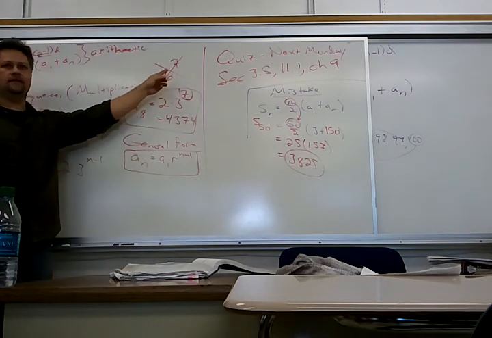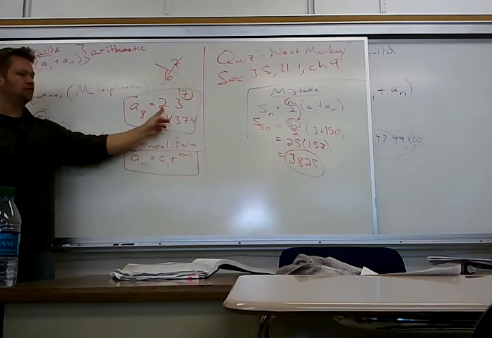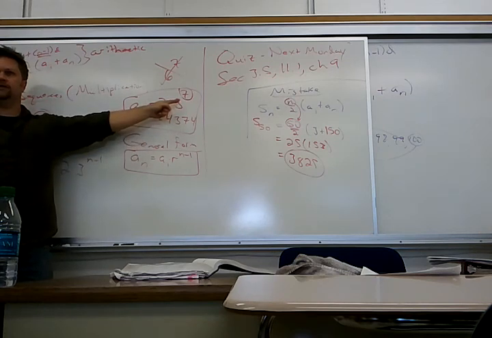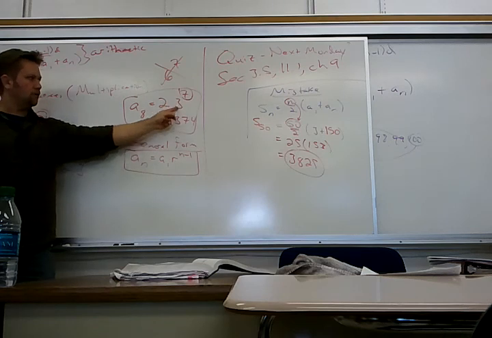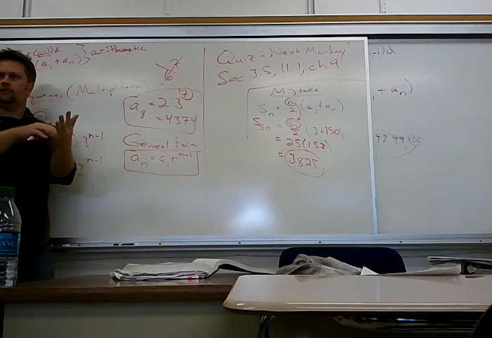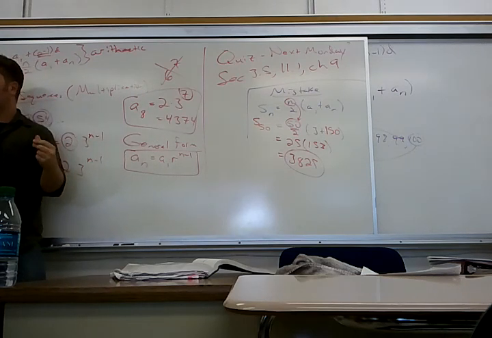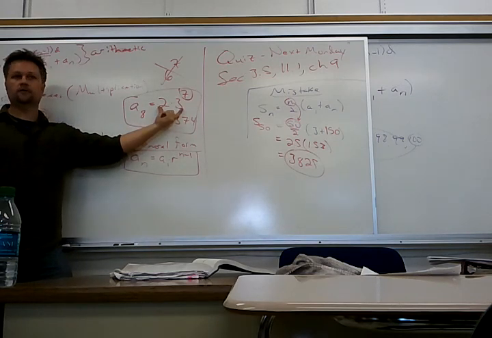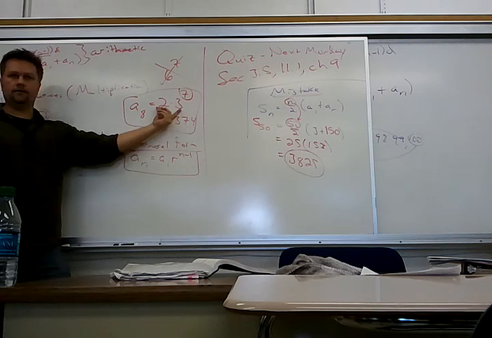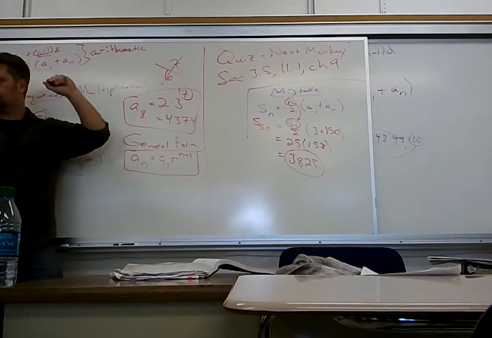You don't have 7 6's. I've got 1 2 and 7 3's. So I've got to do 3 to the 7th, and then double that. Never multiply these together first, because you don't have that many of these. You have 1 of these and so many of these. So be real careful.